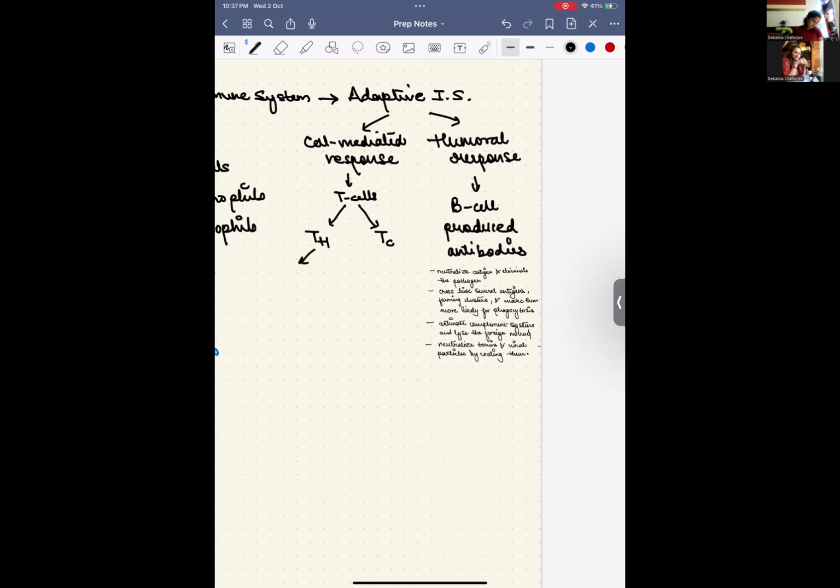The T helper subtypes we also divided into multiple types: Th1, Th2, T follicular, Treg, even if I'm missing something. And then we saw that the TC, in the eventual set of differentiation, becomes the CTL. This brings about the killing function, whereas the function of the helper cells is to produce different cytokines.